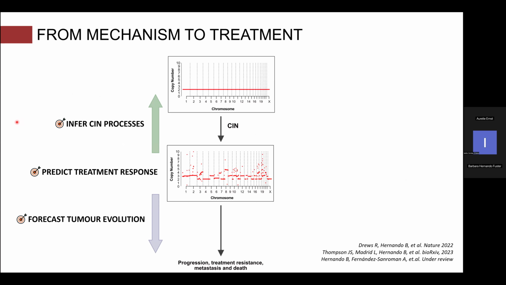I also explained how we can use these mechanistic insights, these signatures, to predict treatment response, and in particular I showed you that we can use those for predicting response to three different cytotoxic chemotherapies. And in the last part of my talk, I explained how we can use these mechanistic insights also to forecast tumor evolution, and in particular to forecast oncogene amplifications.